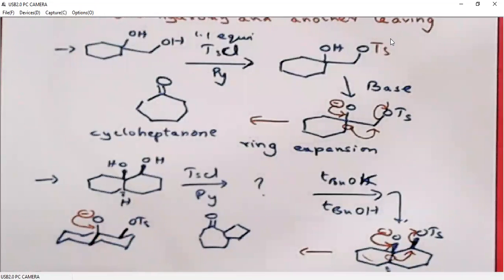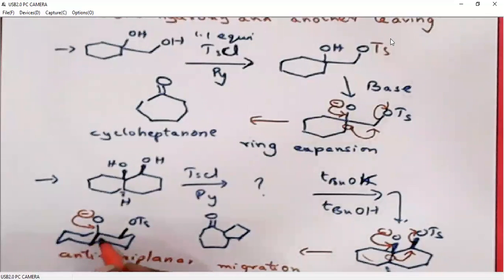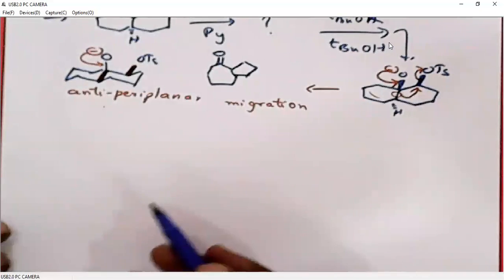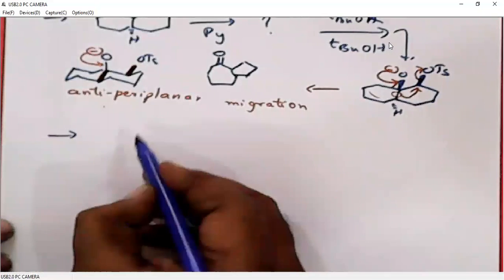So this bond is anti-periplanar to this bond, and this is also anti-periplanar migration. So this bond will migrate here. These two are parallel to each other, which are anti-periplanar to each other. We will discuss some more examples on this semi-pinacol-pinacolone rearrangement.